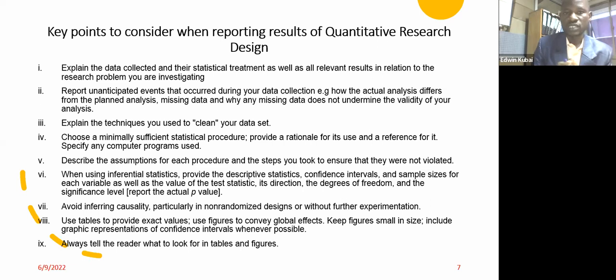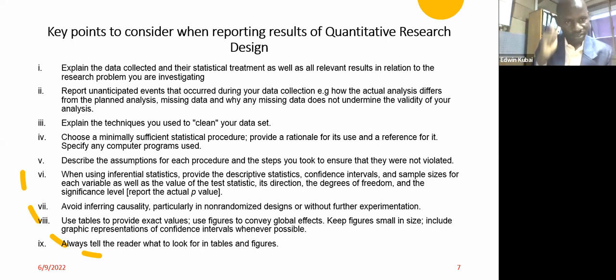So key points to consider when reporting results for quantitative research are, one, you have to explain the data collected and their statistical treatment, as well as relevant results in relation to the research problem you are investigating. So make sure you explain the data collected and their statistical treatment if it was experimental, as well as relevant results in relation to the research problem you are investigating.